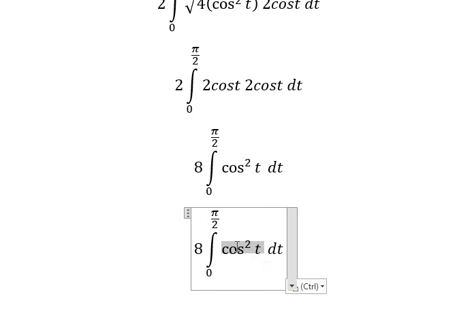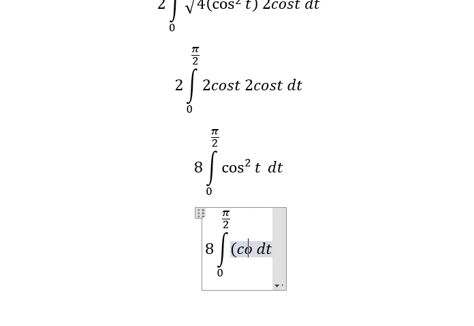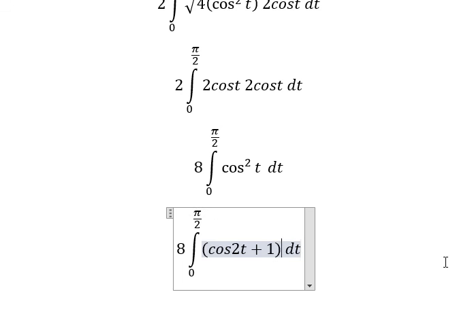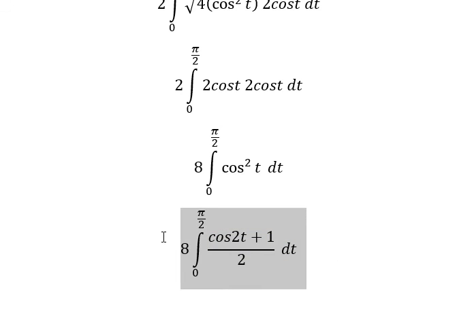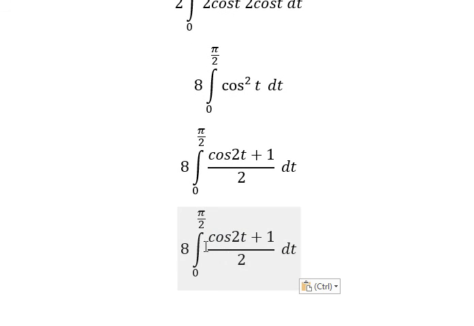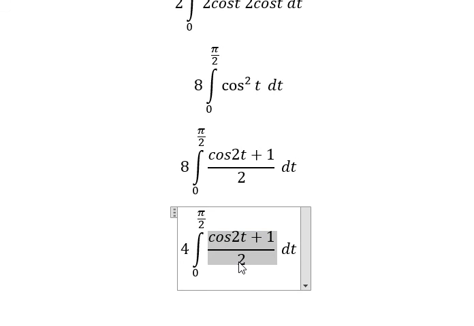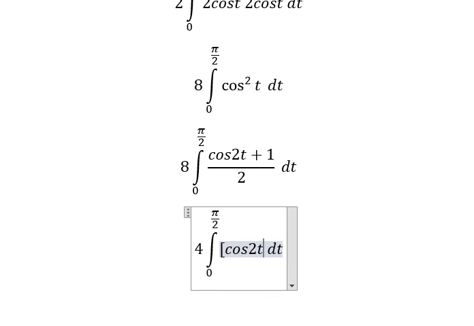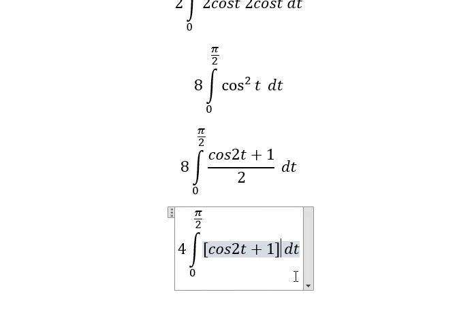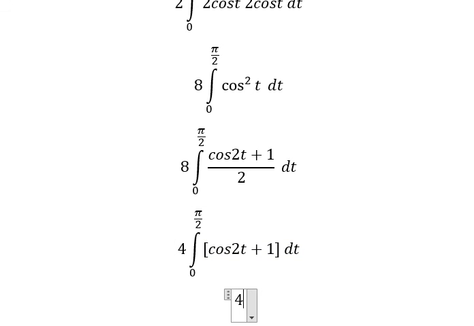We know that cosine t squared we change to cosine 2t plus 1 over 2. 8 divided by 2 you get 4. And now we get the final answer. The integral of cosine 2t you get 1 over 2 sine 2t.